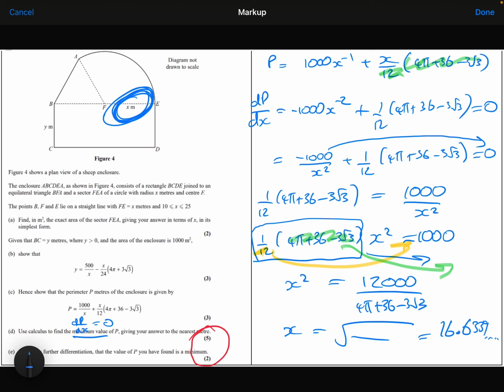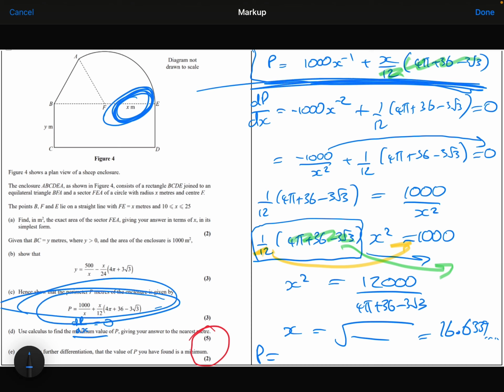So what I need to do to actually work out the perimeter now is to take that and substitute it into the original perimeter expression, either this expression here or this expression here. So let's do that then. So we're going to do 1000 over the answer plus the answer over 12 times 4 pi plus 36 minus 3 root 3.